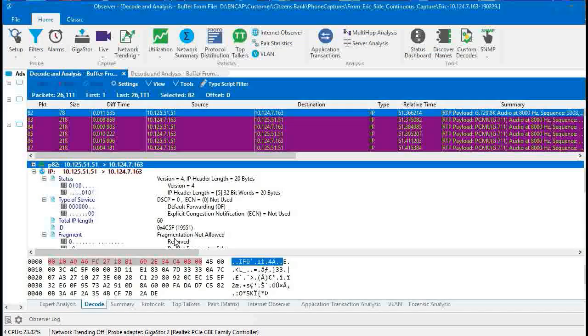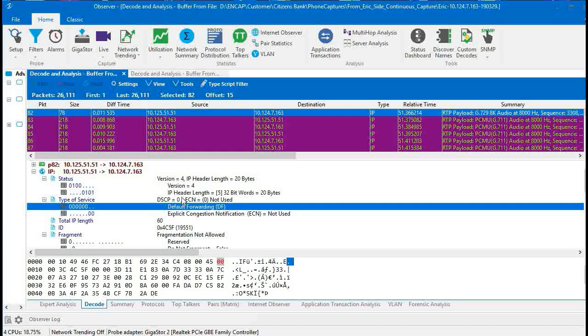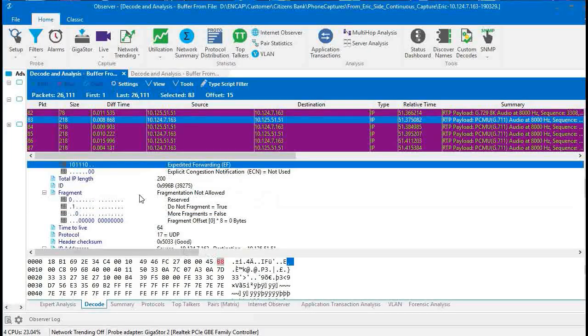Again, looking at packets, very easy to see as well. If I use Observer, I can see on the one side type of service is 0 on the 5151 side, but on the 247.163 I have expedited forwarding, or 46, or B8 in hex.